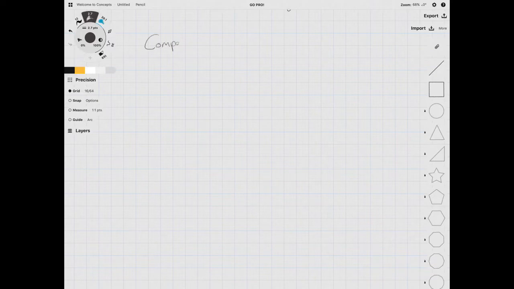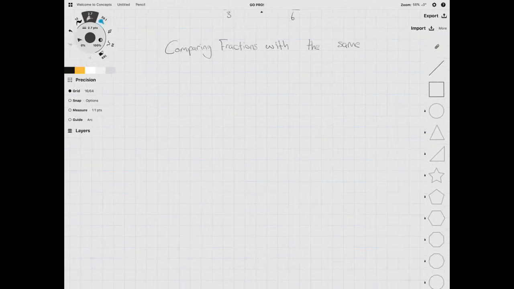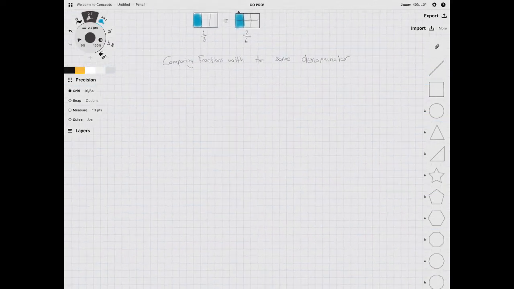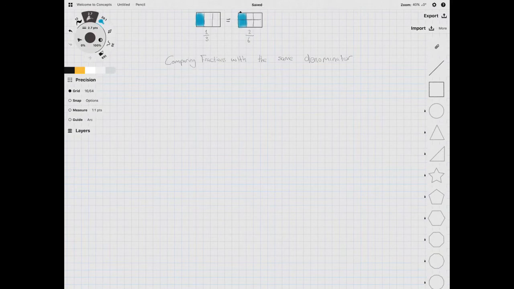Comparing fractions with the same denominator. Wonderful.